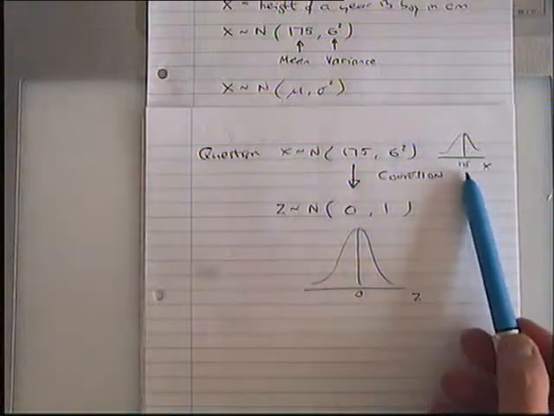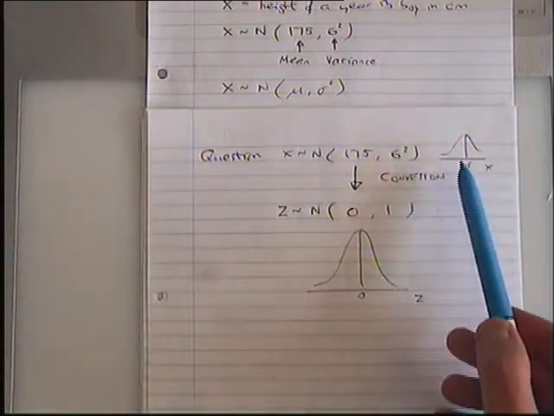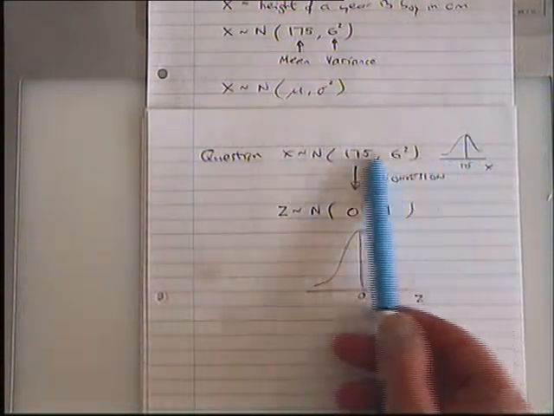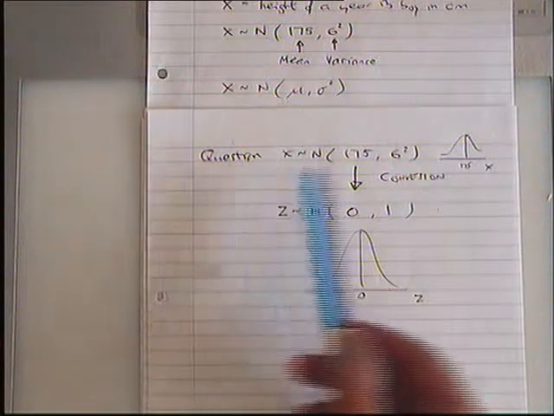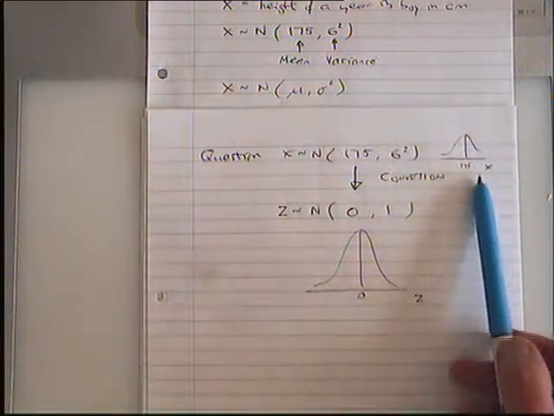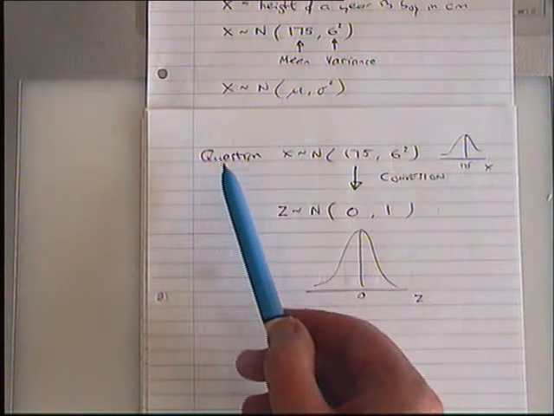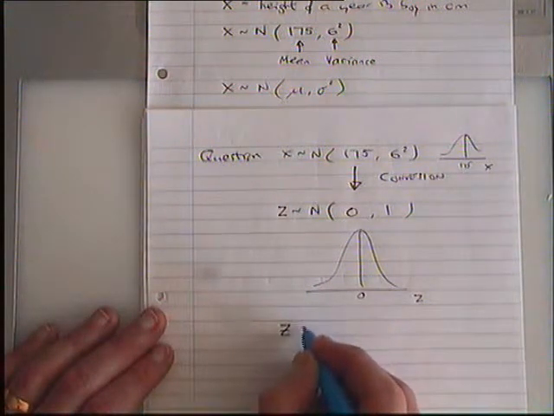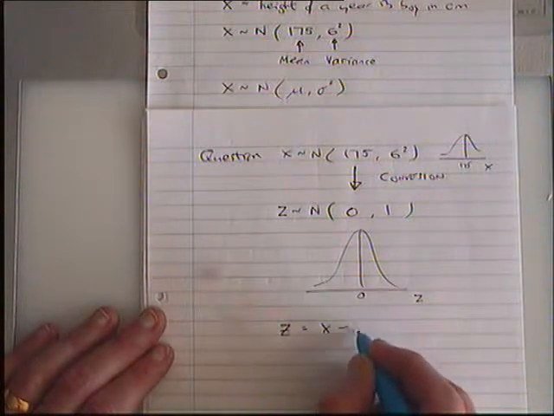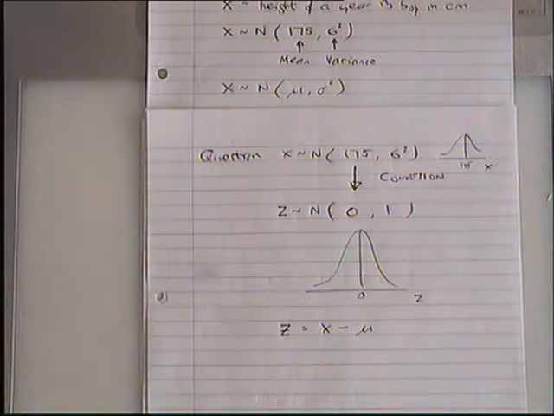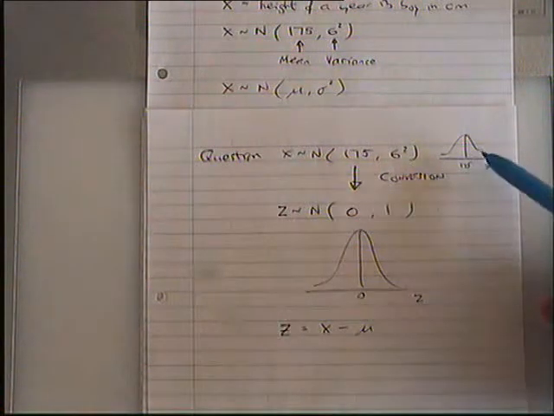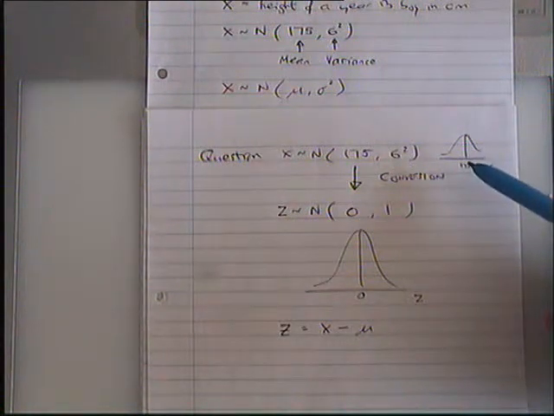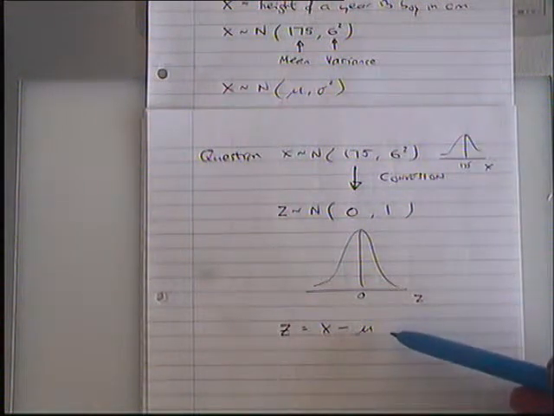If I took 175 off every value there, that curve would just slide left, and then its mirror line wouldn't be above 175, but would be above 0. So z, first thing we do from our x is we take away the mean value. That purely slides everything down the number line. So now it's not centred above 175, but that has fixed it to be centred above 0.